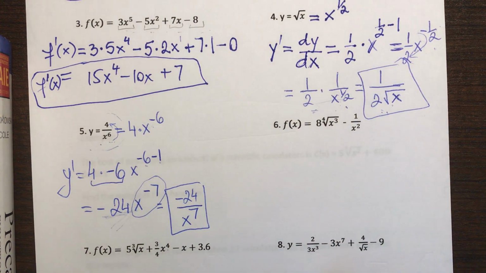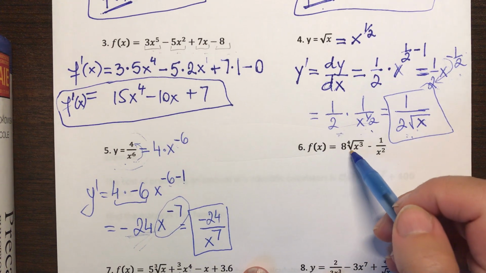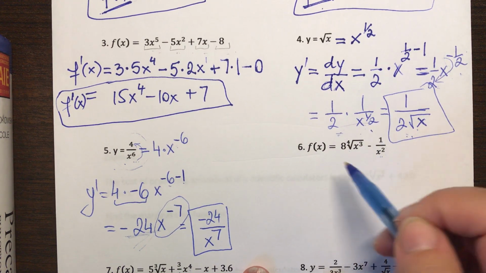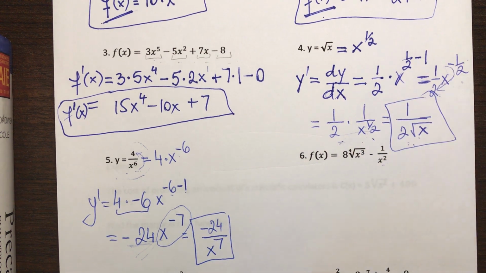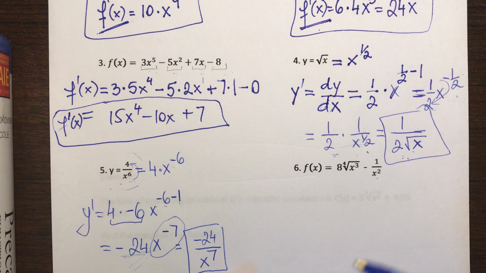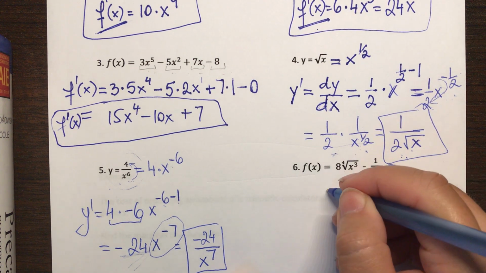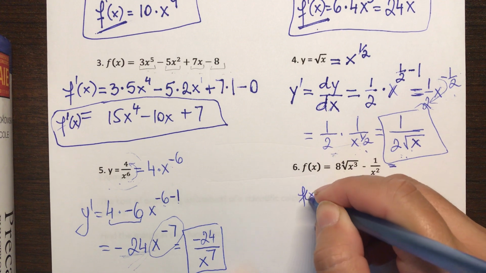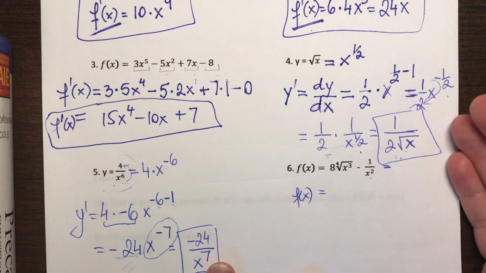All right, so we're getting a hang of it. Anytime we have radicals or fractions, we're going to rewrite them as exponents, because that's when we can use the power rule. So I'm going to continue here, and I'm going to rewrite my function first of all. I'm not yet taking the derivatives. I'm just going to prep my function.